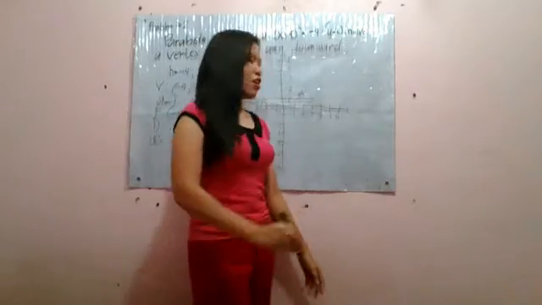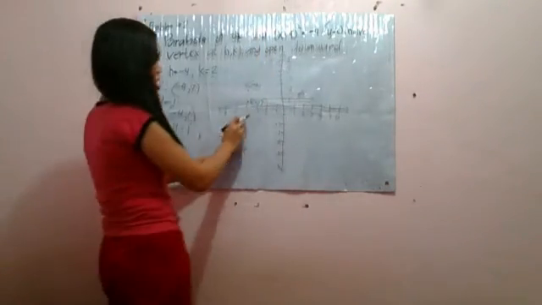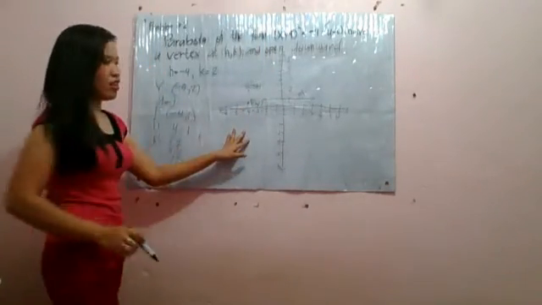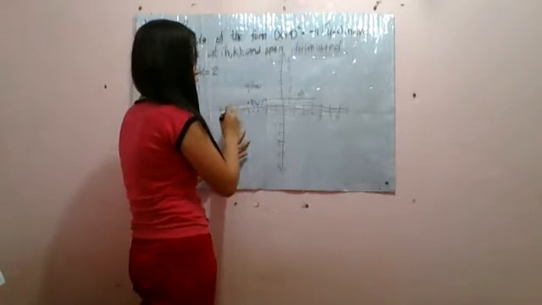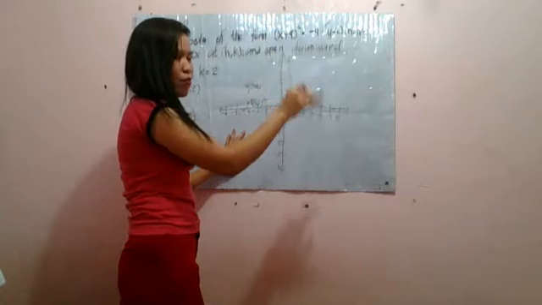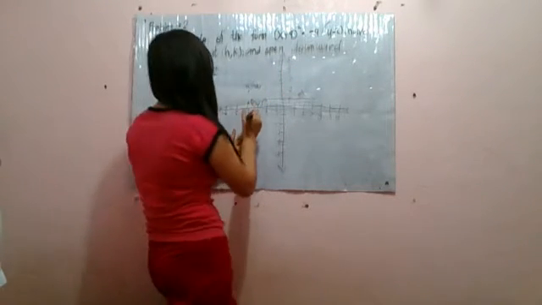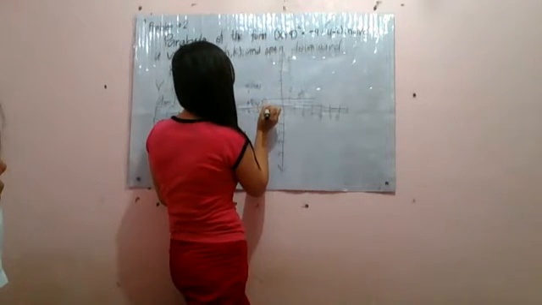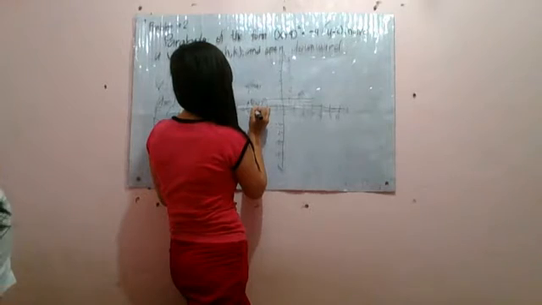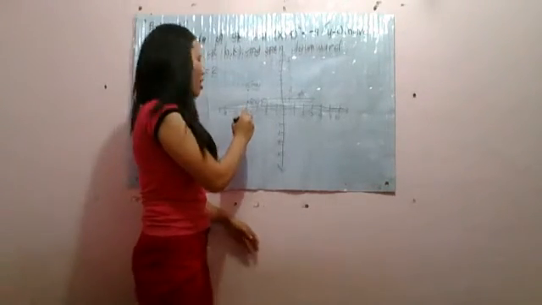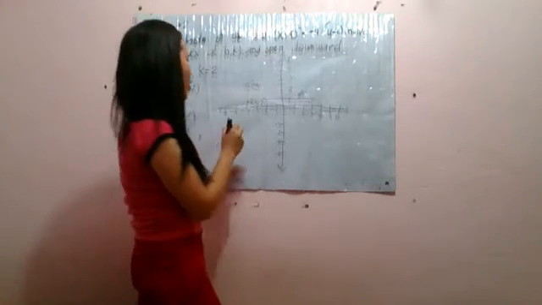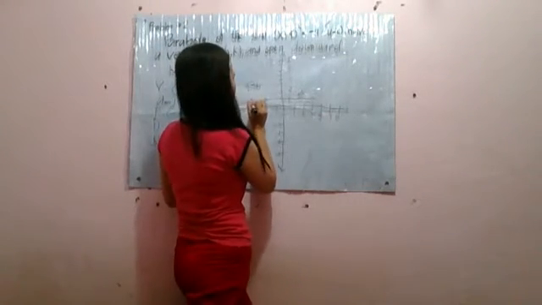So here it goes, from our focus, we count 2 to the right: 1, 2.